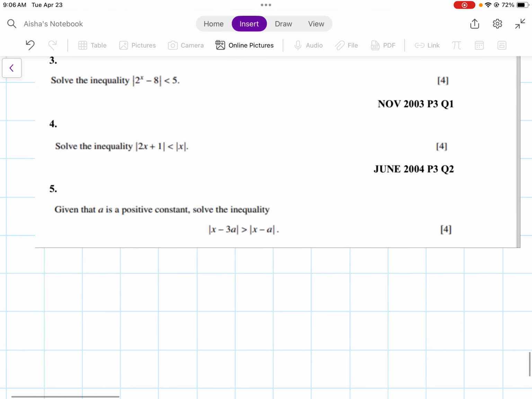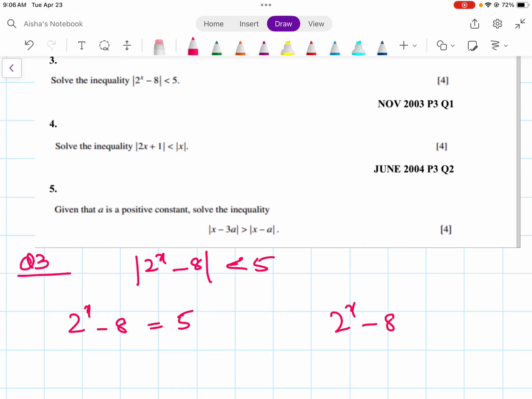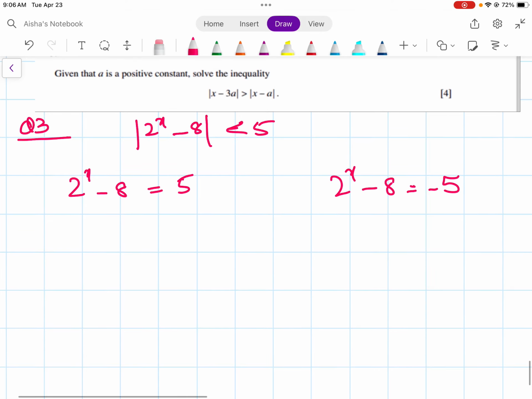So if I look at question number 3, 2x minus 8 is less than 5. Okay, so let's solve it. 2 to the power x equals 13. Now applying log on both the sides because the unknown is on the power.